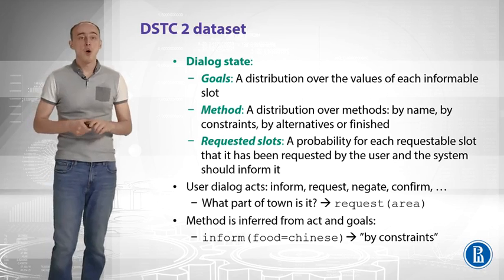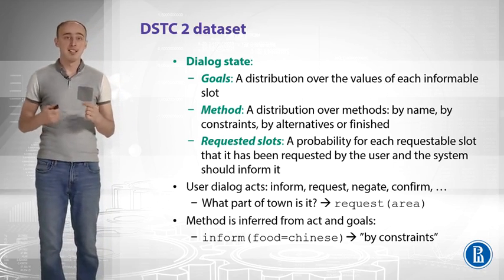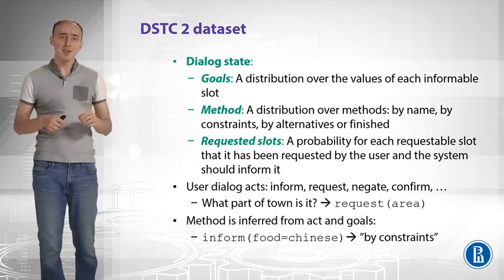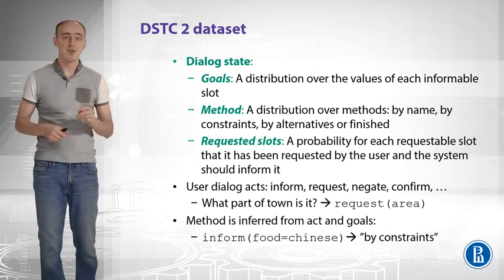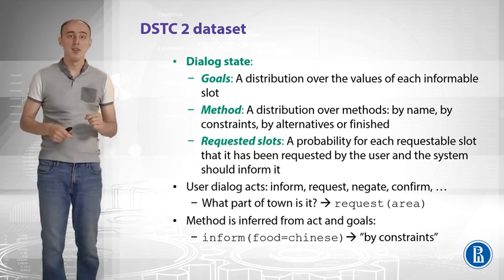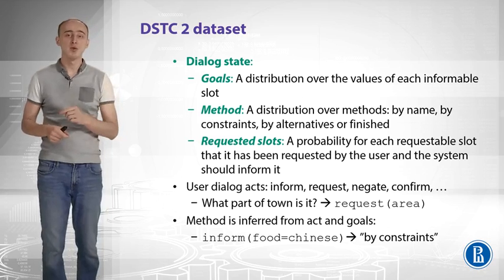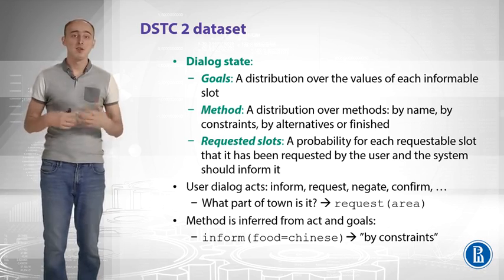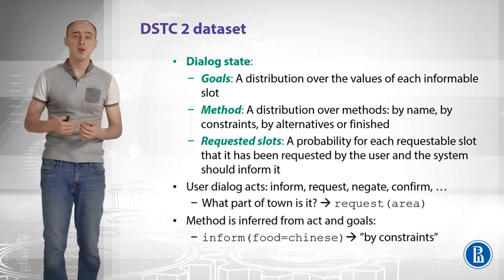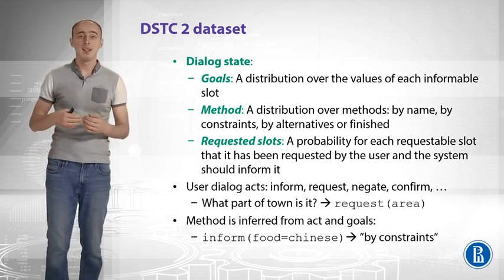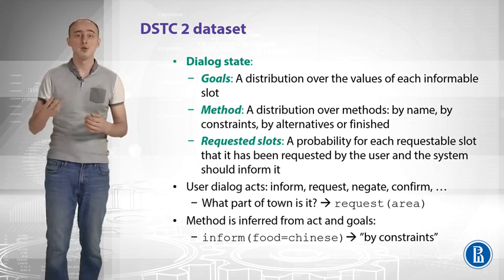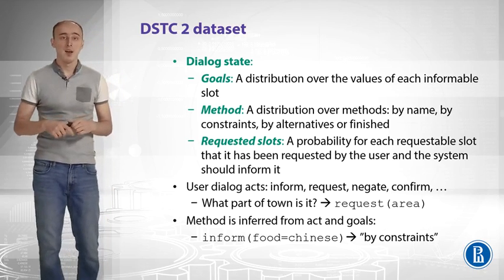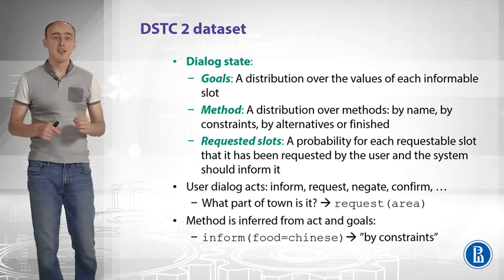Okay, so how do they define dialog state in this dataset? Dialog state consists of three things. The first one, goals. That is a distribution over the values of each informable slot in our task. A slot is informable if the user can give it in the utterance as a constraint for our search. The second part of the state is method.